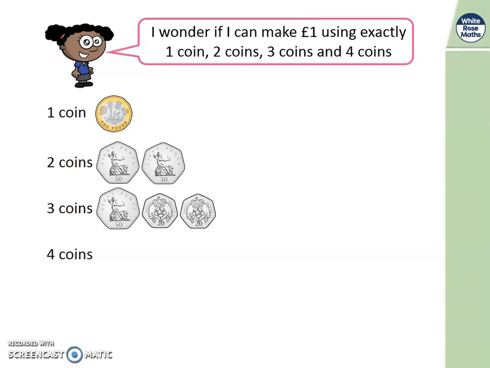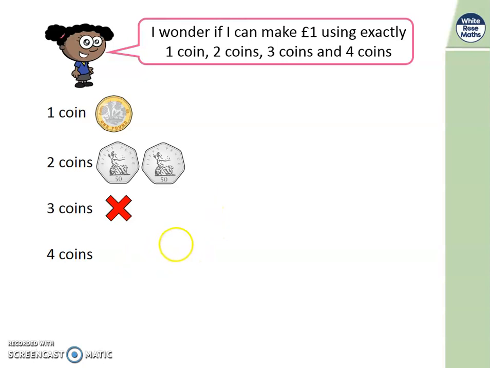Well, the biggest values that we could use are a 50 pence and 20 pence and another 20 pence. Will that make £1 or 100 pence? 50, 60, 70, 80, 90. No, we can only make 90 pence with 3 coins.